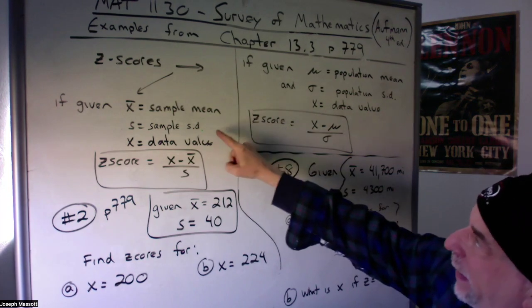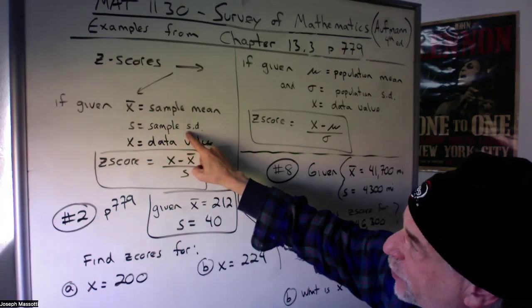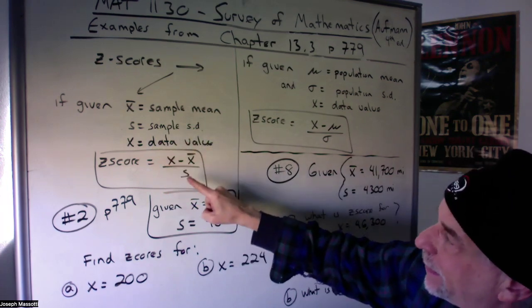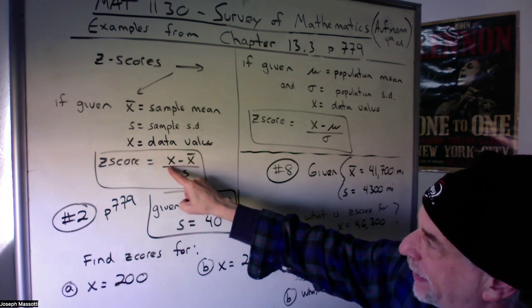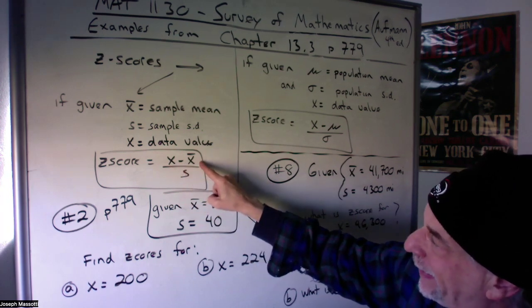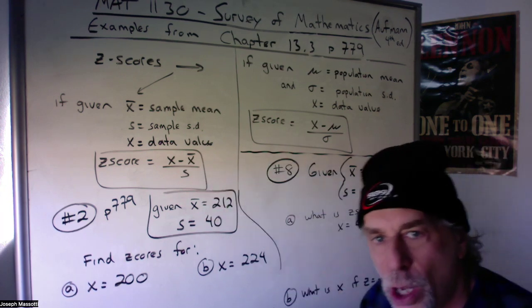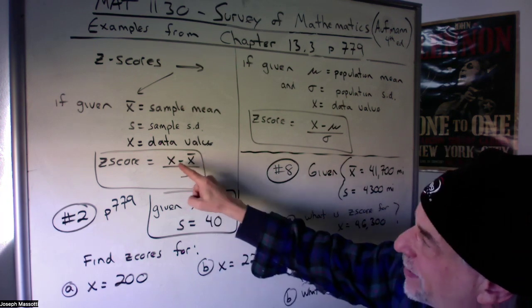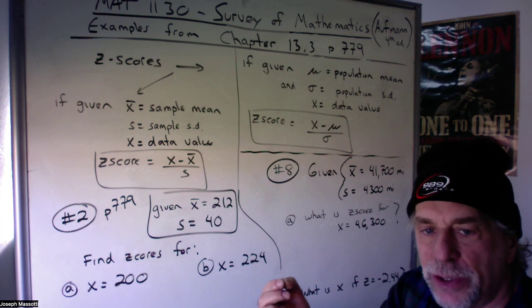So if you're given a sample mean, a sample standard deviation, and then you're looking at some value in a data set, the z-score is calculated in this way. You take the value from the data set, you subtract the mean, and you divide by the standard deviation. The numerator is the difference between the value and the center of the distribution, the mean.